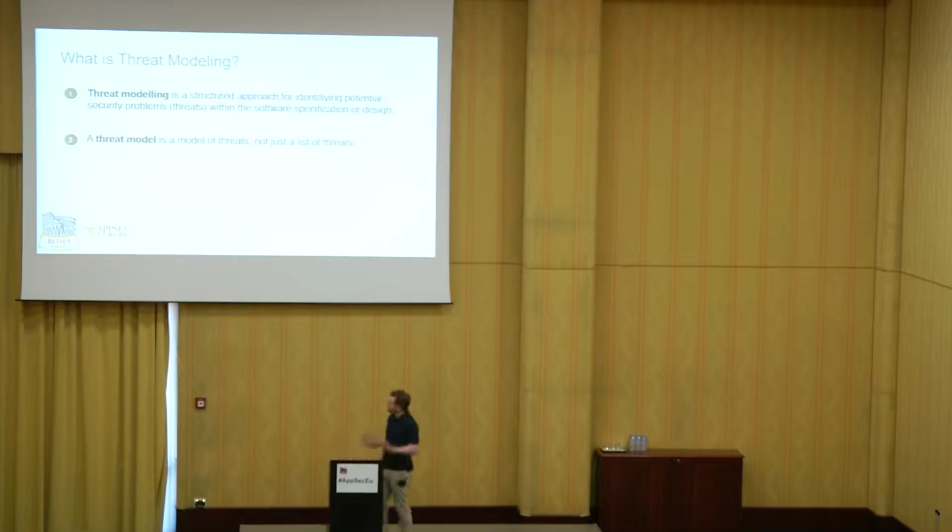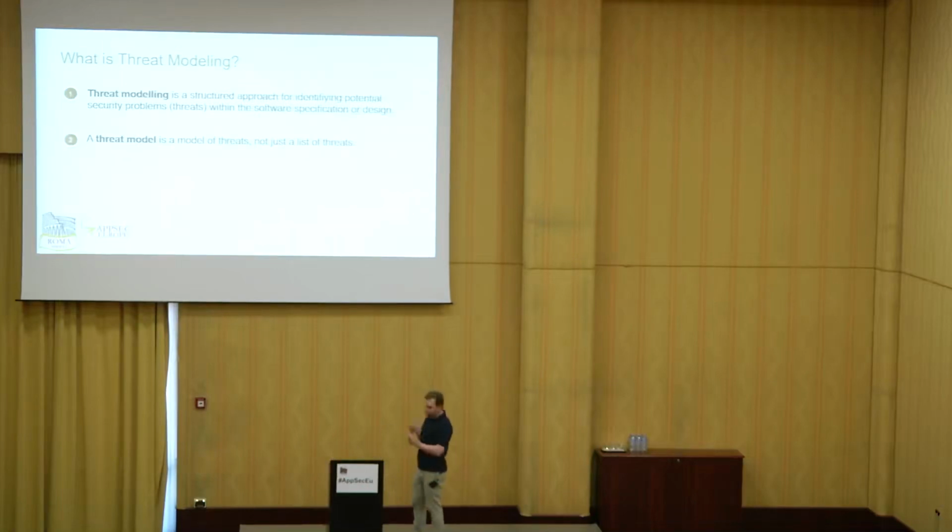So, threat modeling. I think there are lots of definitions of threat modeling. I use this as just my definition. Threat modeling is a structured approach for identifying potential security problems, that are threats, within the software specification or design. So you can use this within the software specification or design phase. And a threat model, and perhaps others may disagree, but for me this is very important, is a model of threats, not just a list of threats.